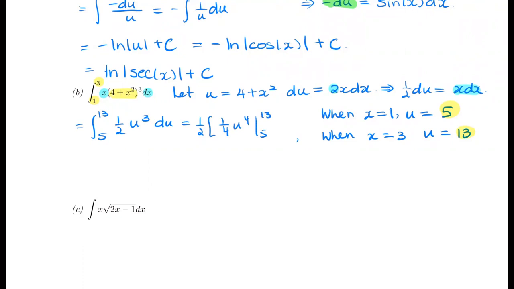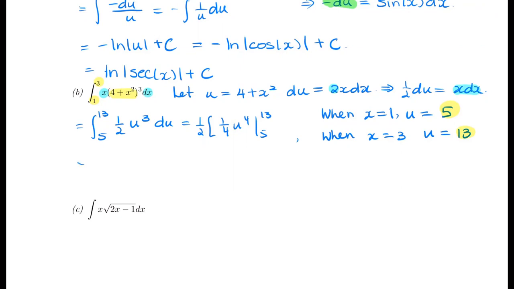Now, it's not really necessary to substitute back in the function at this point. You could just put it all in, because at the end of the day we just want a finite number, since it's a definite integral. It would be a bit of extra steps if you substituted the original function back into the integral.